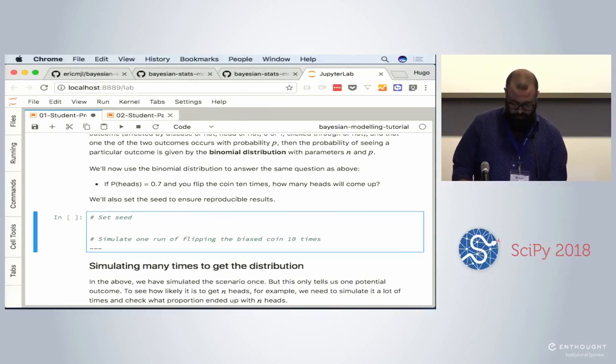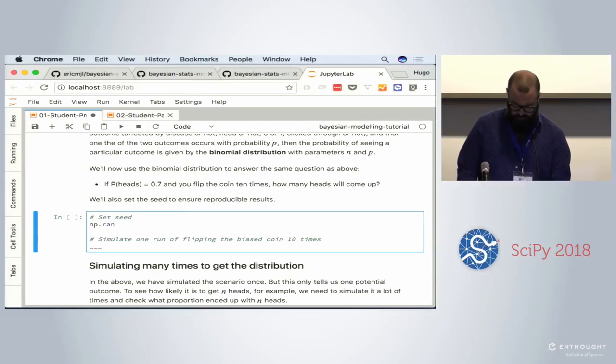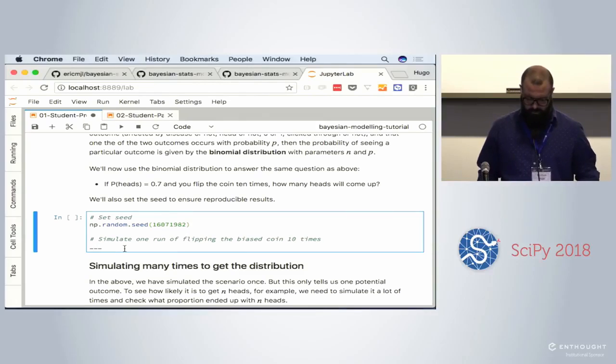Okay, so what I'm first going to do is set the seed, and I am going to set it to my birth date. I know you'd want to see a 0 first there if you're from the United States, but in Australia we do it the right way.